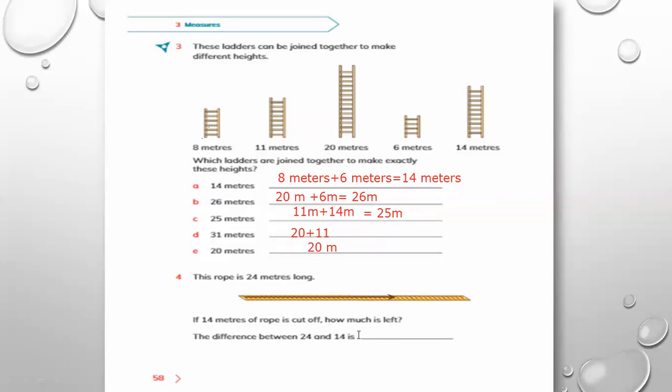So we will say 24 meters minus 14 meters. So difference will be 10. So difference means you have to minus 14 from 24, and so we are going to get 10 meters answer. 10 meters is left.